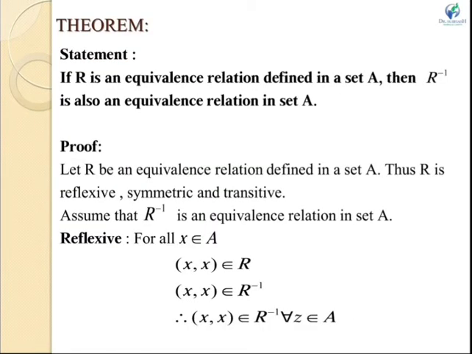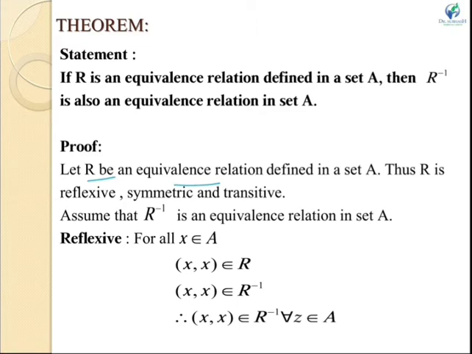Now let us see one theorem. If R is an equivalence relation defined on a set A, then R inverse is also an equivalence relation. What we are given here is that R is an equivalence relation.